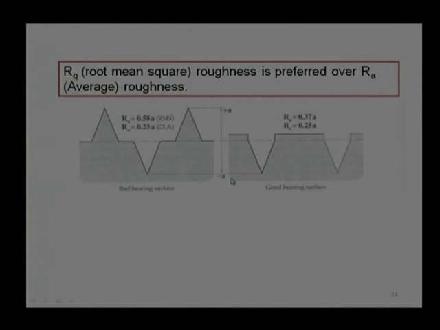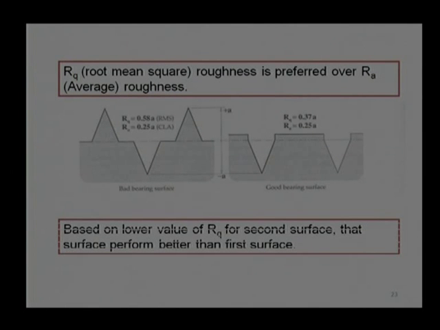I am saying that this right hand side portion is better than the left hand side portion. We are not saying this is the absolute best; much better values can be obtained. So, I can conclude from this diagram that based on the lower value of RQ, the second, right hand side surface will perform better than the first surface.